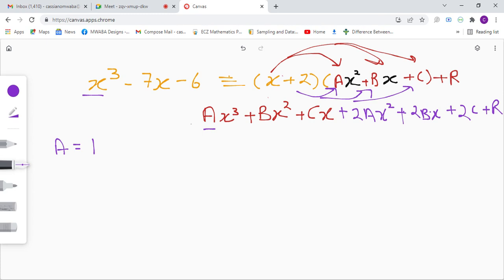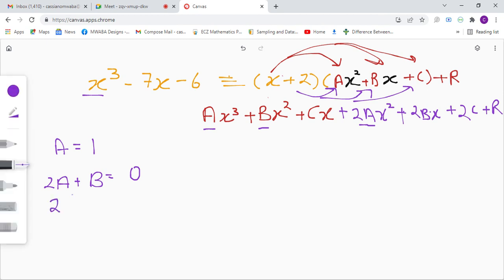On our left-hand side, we do not have an x squared, so we equate it to 0. On our right-hand side, we have b and 2a, so we say 2a plus b equals 0.